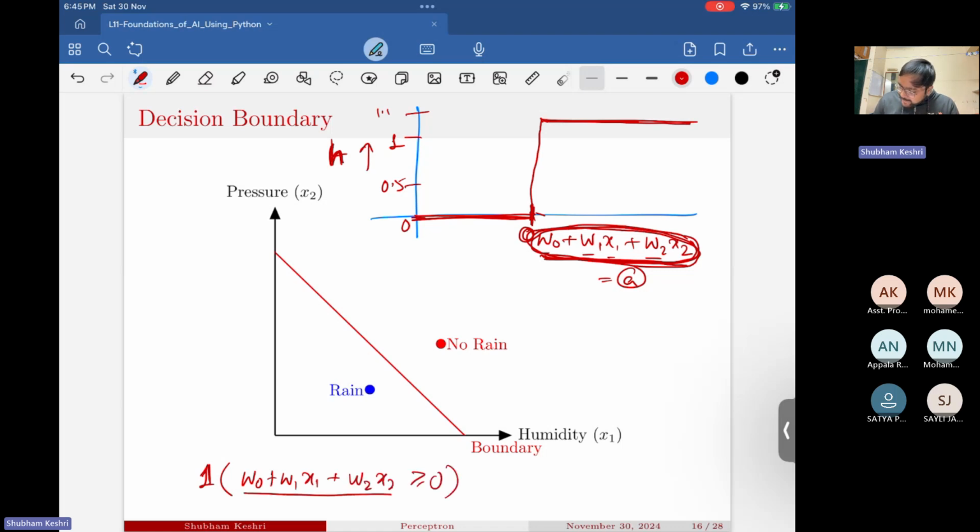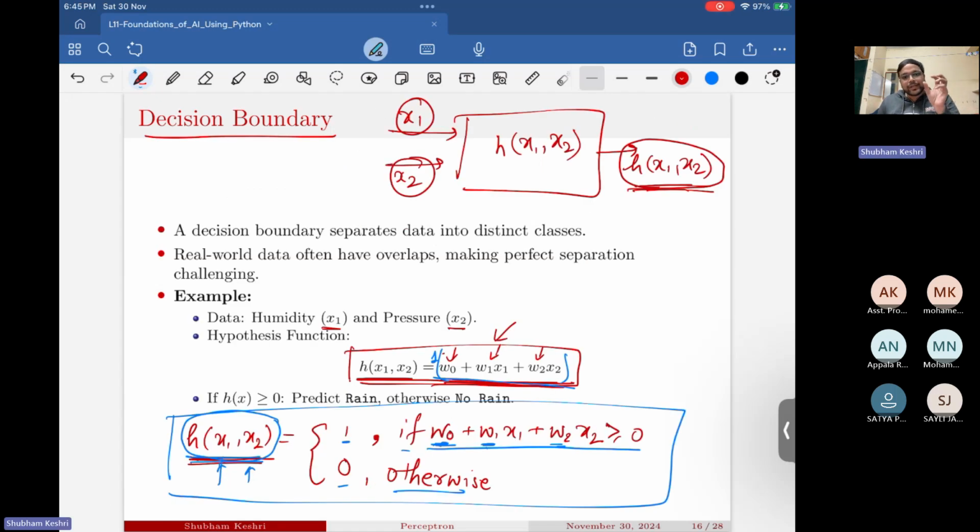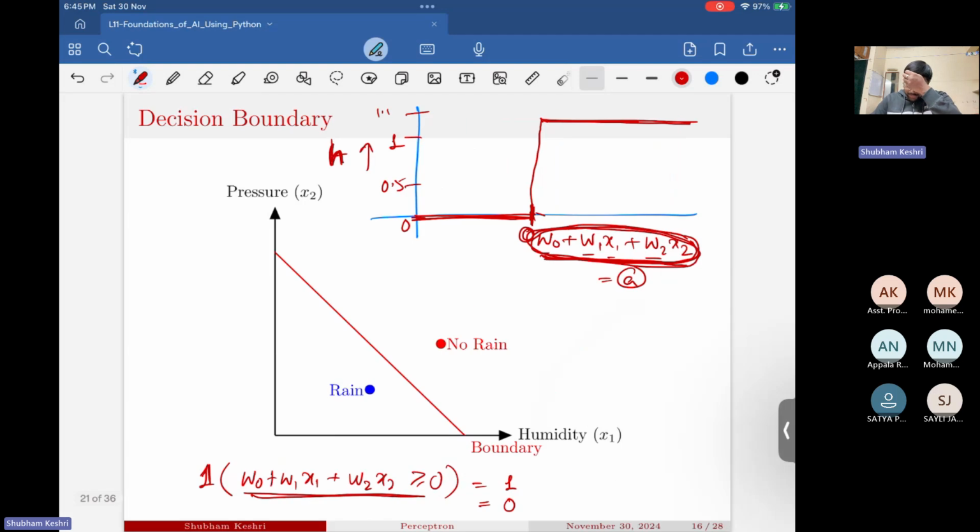So whatever is inside it, if it is true, then that indicator will become 1, and whatever is inside that function, if it is false, then that indicator will become 0. So it just indicates whether the inside is true or false. Okay, yes. So that is how we are using it to categorize whether it is false or true. So I'll just show you over here.